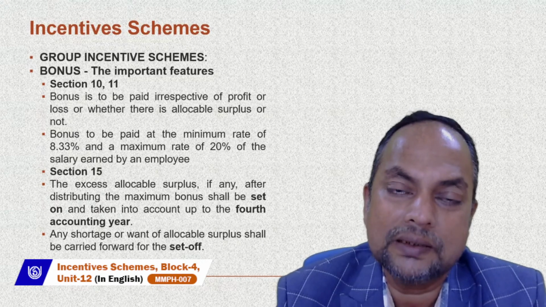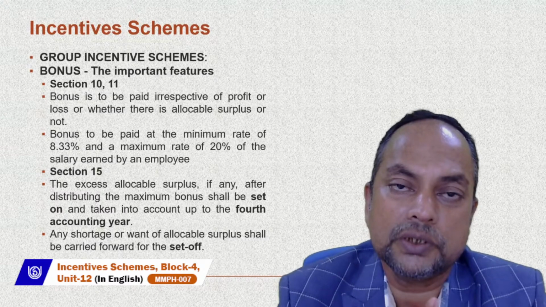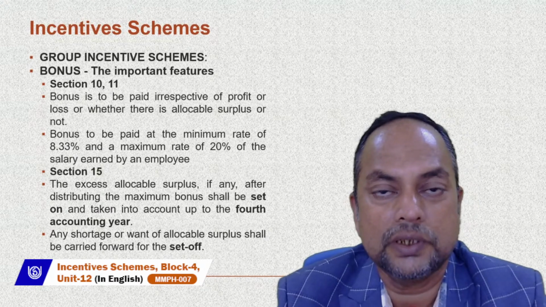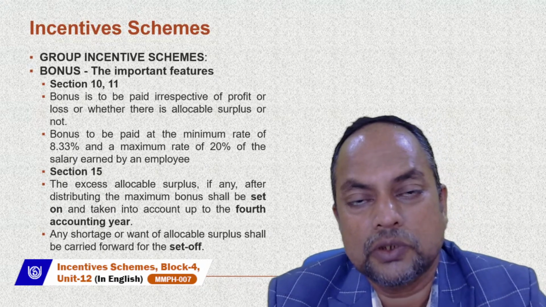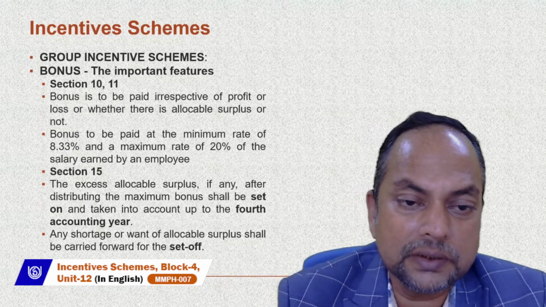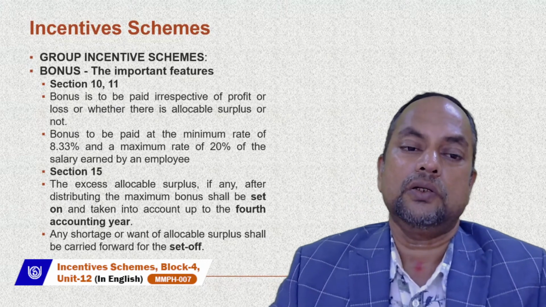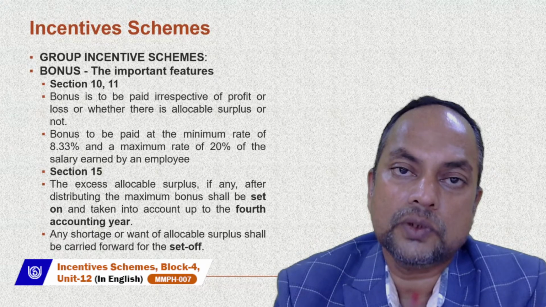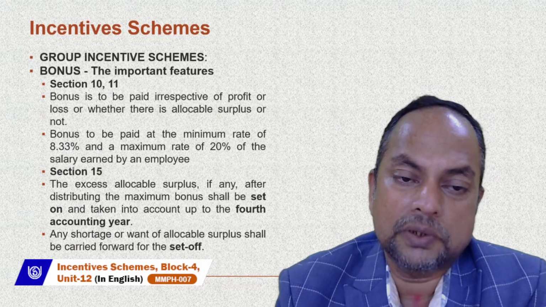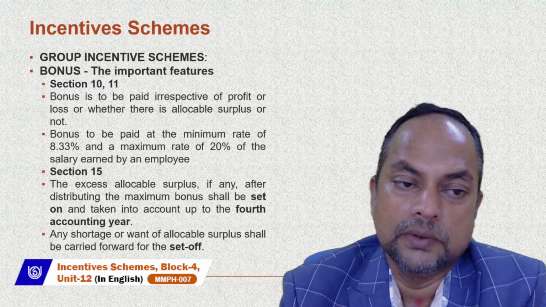So it is said that the minimum amount of bonus which has to be taken into consideration is 8.33%, and the maximum amount of bonus which can be taken into consideration is 20%, depending on the allocable surplus, right?